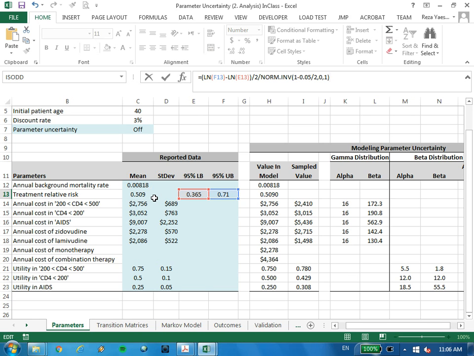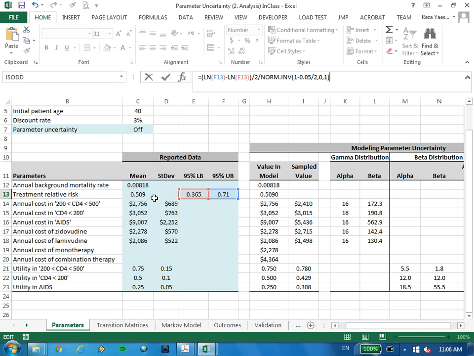In order to do that, I need to characterize the probability distribution that fits this relative risk, and that's why we should look at how they calculate the relative risk and the confidence interval. So they assume that the relative risk follows a log normal distribution, and that's how they calculate this confidence interval.